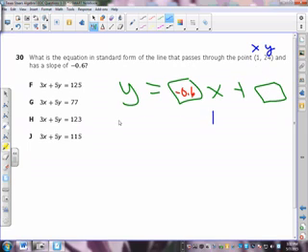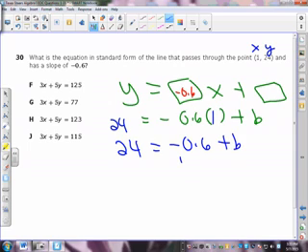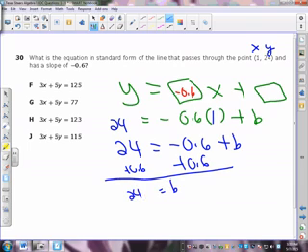We plug those in. So that would give us 24 equal to -0.6 plus b. We add 0.6, and we get b equal to 24.6.